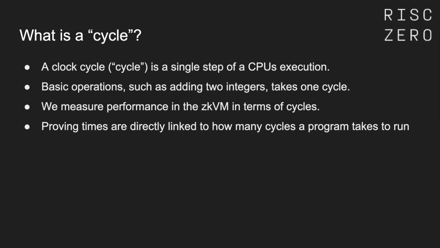A program that takes about a billion cycles to run will take about 10 times longer than something that takes 100 million cycles. That's because of the way cycles translate into witness size, and witness size translates to prover time. So the general thing to understand is that a cycle is a single operation, and the number of cycles is directly linked to how long the prover time is going to be.